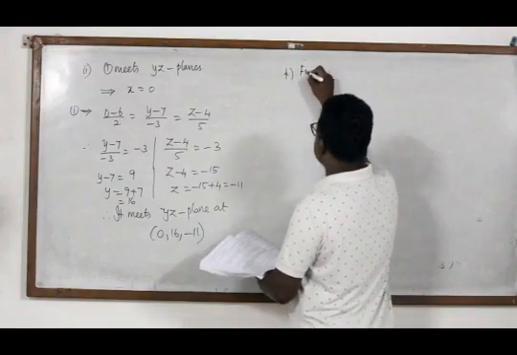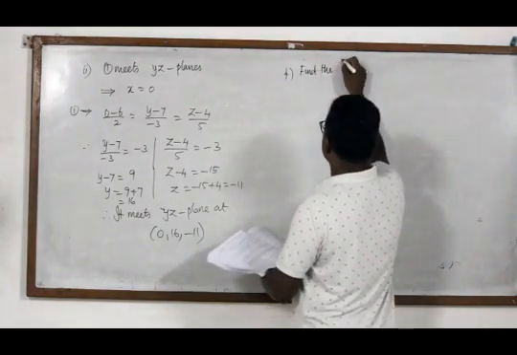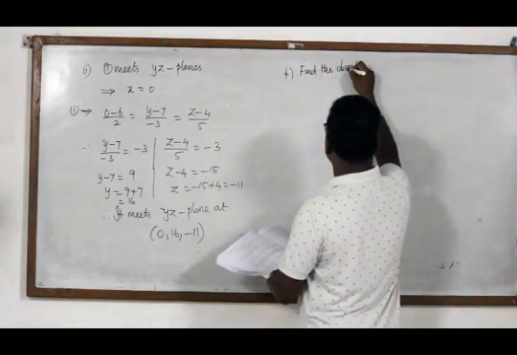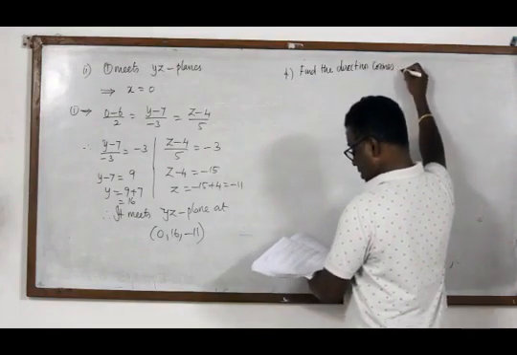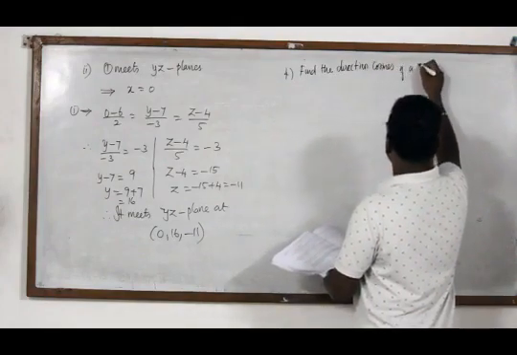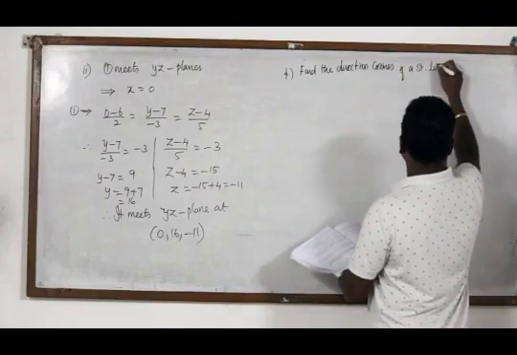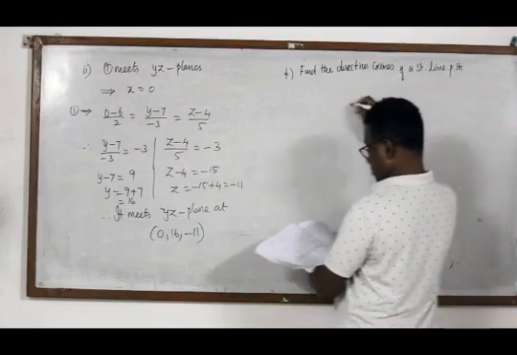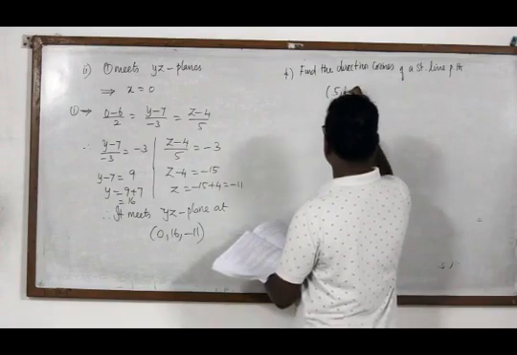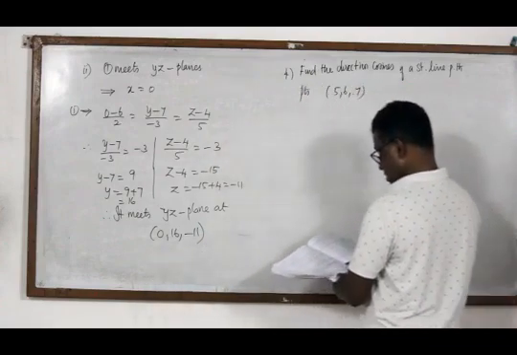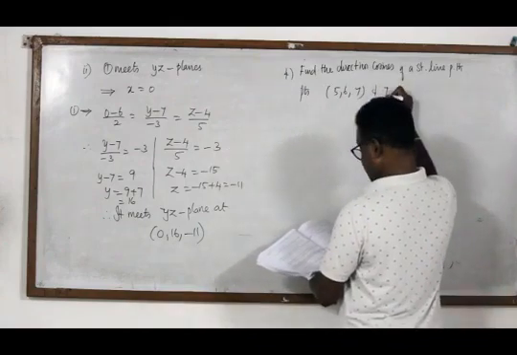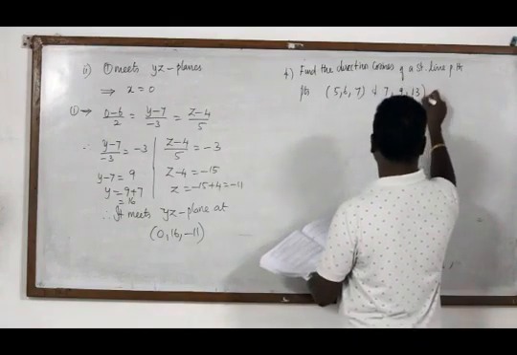Find the direction cosines of a straight line passing through the points 5, 6, 7 and 7, 9, 13.